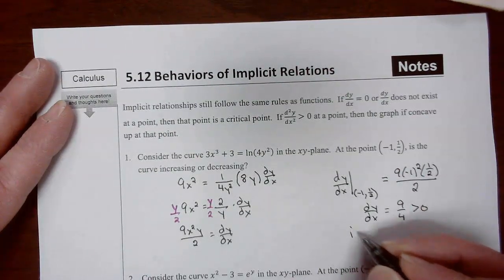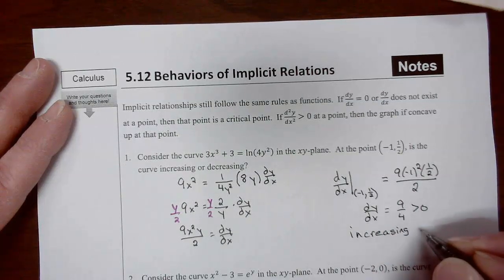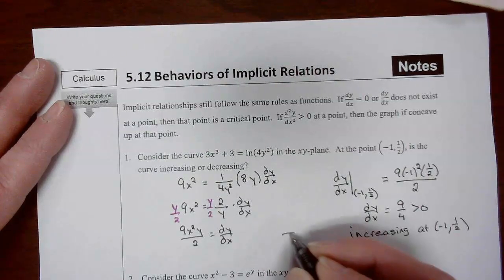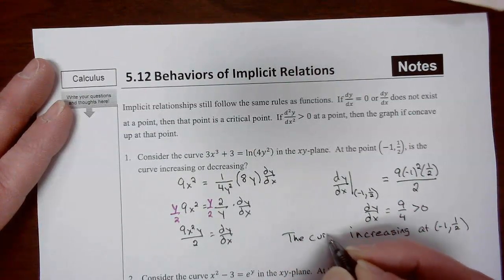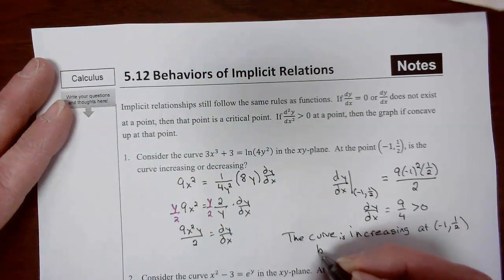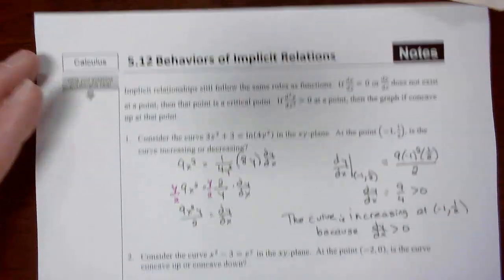So we are increasing at -1, 1/2. I should say the curve is increasing at that point because dy/dx is greater than 0.